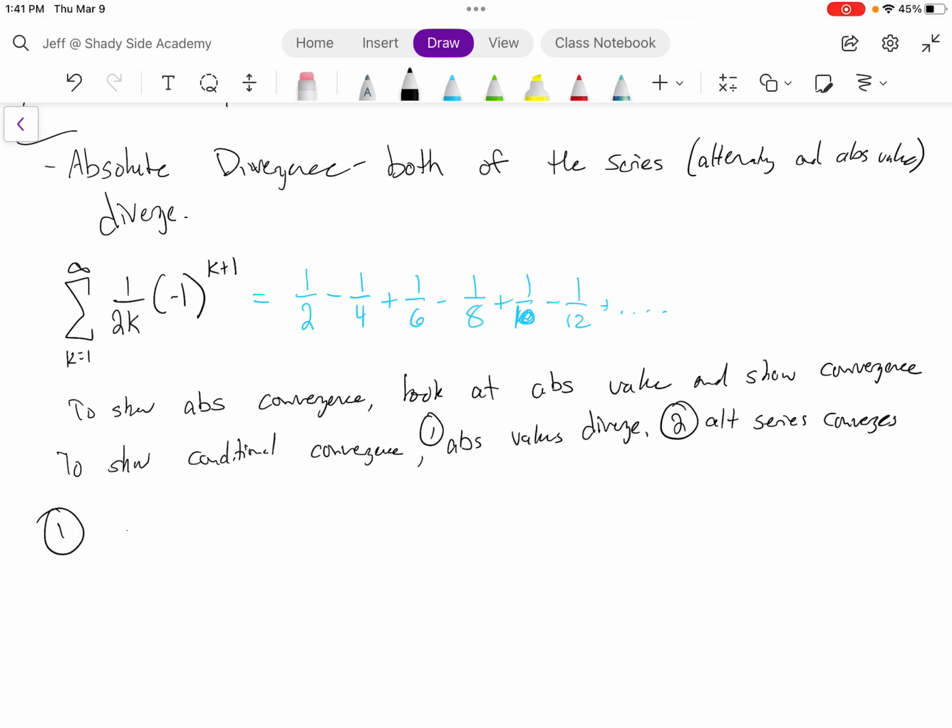So that's just saying ignore those other things. So we're considering this series, 1 over 2k. We ignore the negative 1 to the k plus 1 because that thing's either just 1 or negative 1, and if we're taking the absolute value, it's always 1.